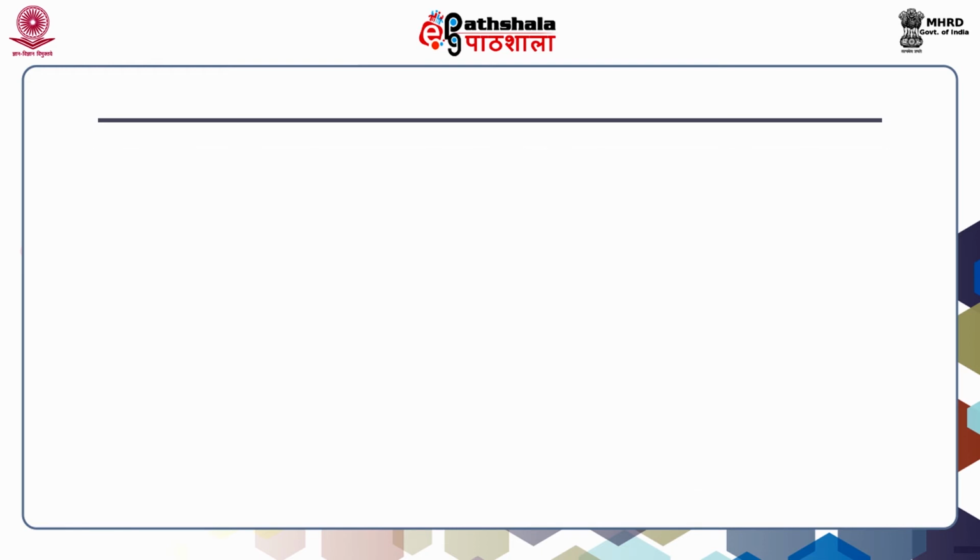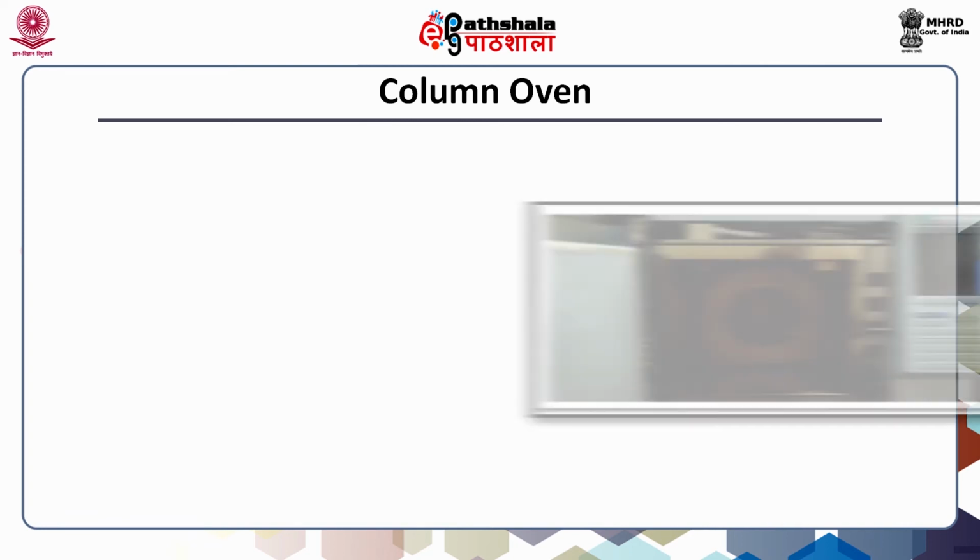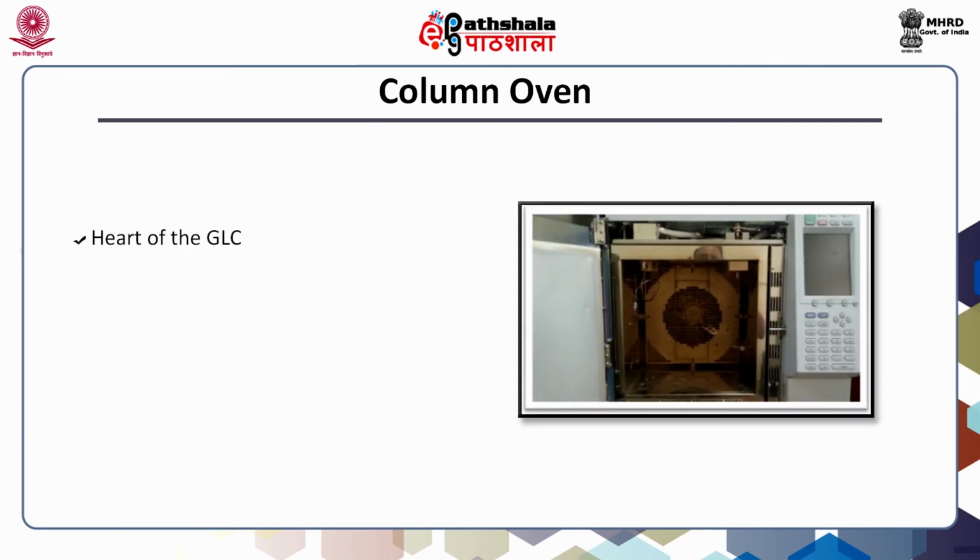Now we will see another very important component of gas liquid chromatography, sometimes called the heart of the GLC, and that is the column oven. It is the heart of the GLC because the efficiency of resolving the components in a GLC analysis is also temperature dependent.